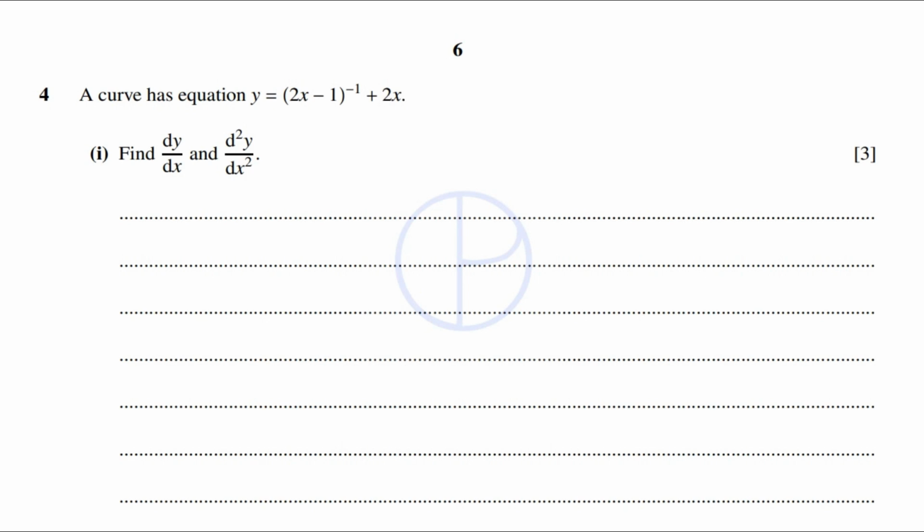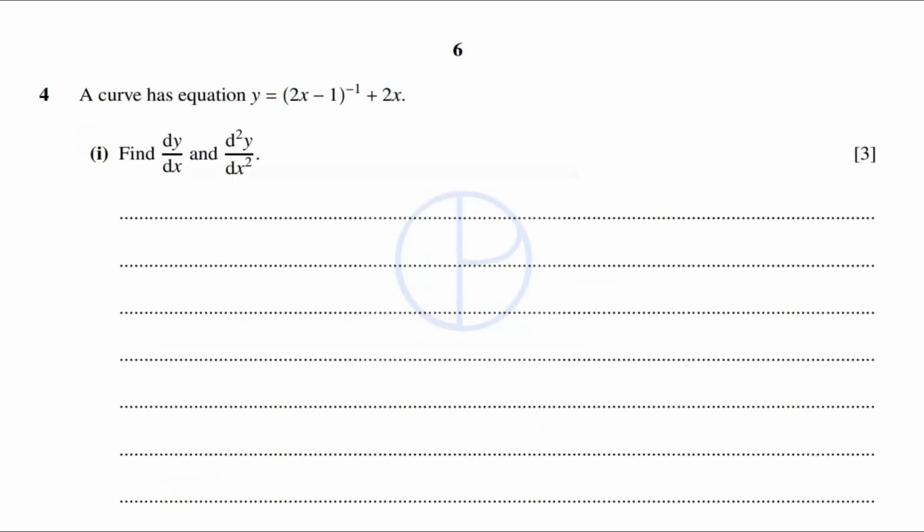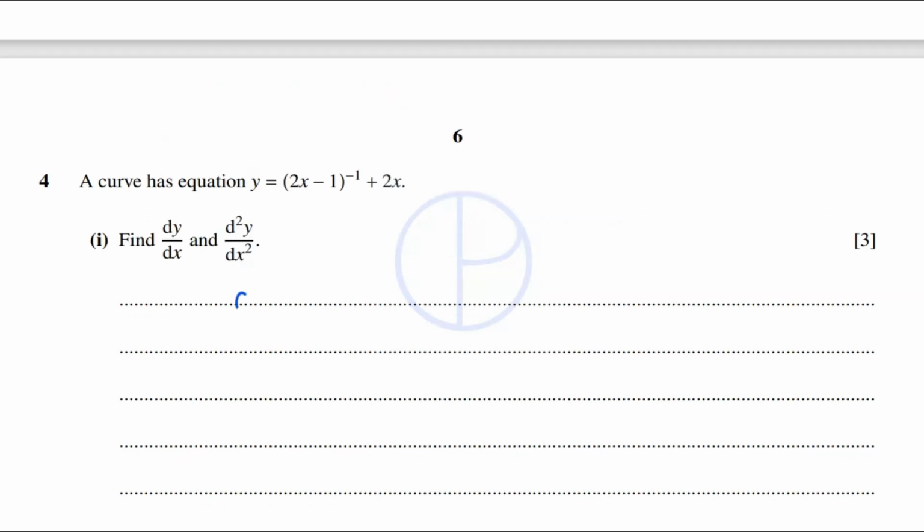The next question is, a curve has equation y is equal to (2x minus 1) to the power negative 1 plus 2x. Find dy by dx and d square y by dx square. To solve this one, we are going to use these formulas. This is a differentiation question. So dy by dx is the power, that is negative 1, multiplied by the base 2x minus 1.